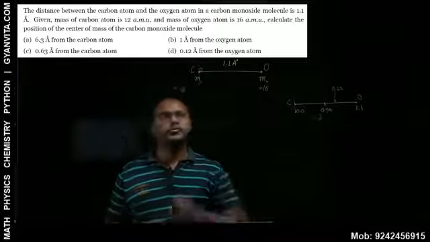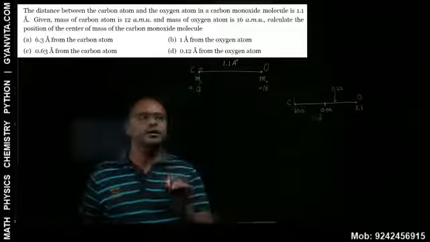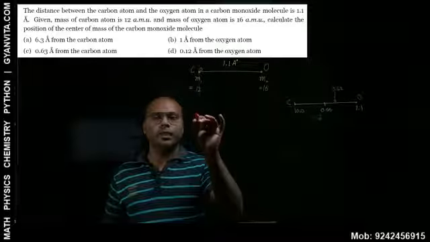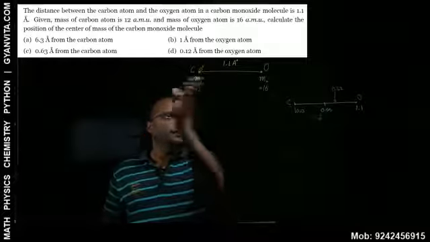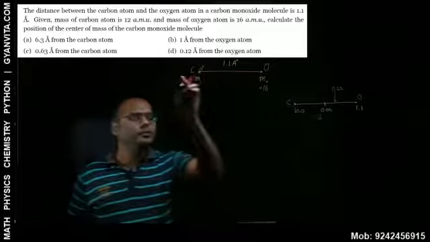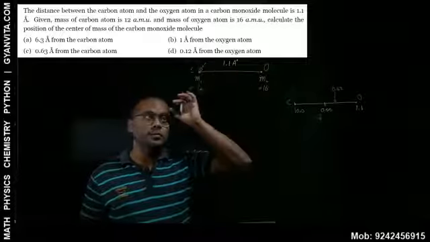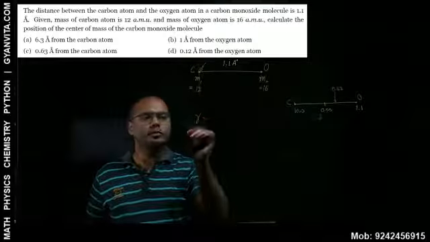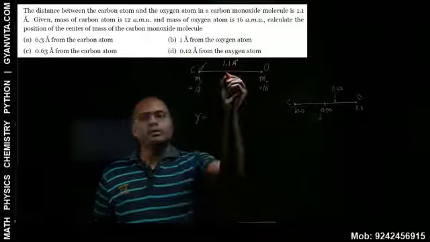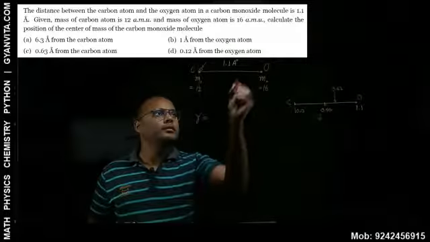So we'll apply the same concept here. We know about center of mass that if this is our origin, then the center of mass, that is R, will depend on only one line because this is a two mass system. So it will be on this line itself, and this starts from 0. Suppose the center of mass is somewhere over here.